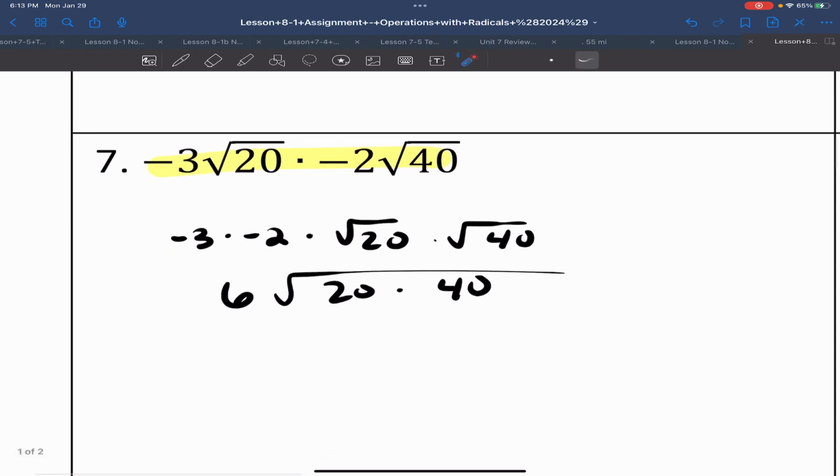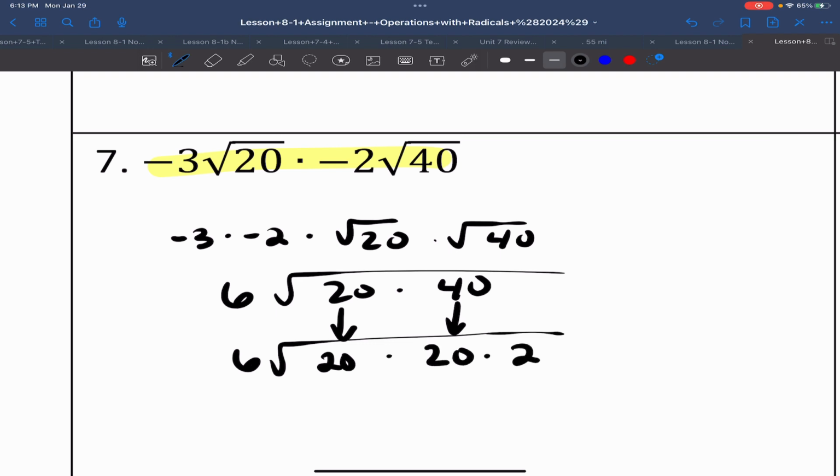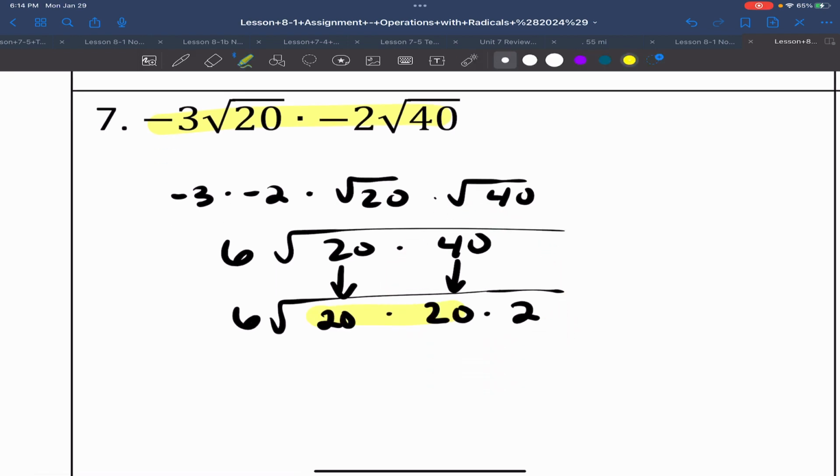Okay, so I have the square root of 40 right here. And look at that. If I break down this 40, it's going to become 20 times 2, because 20 times 2 is 40. And look at that, I have a pair of 20s right here.